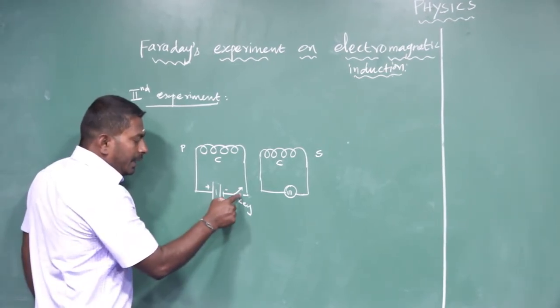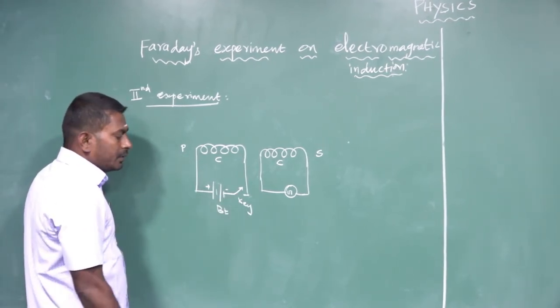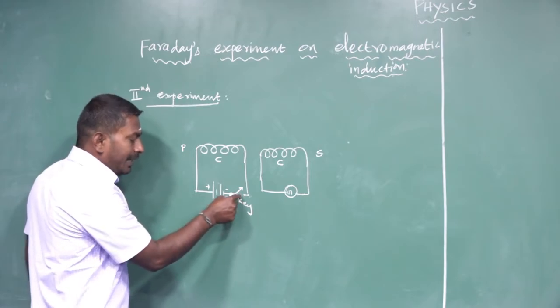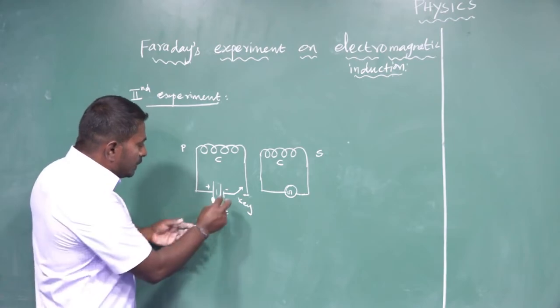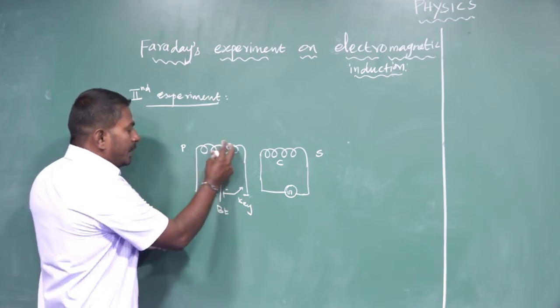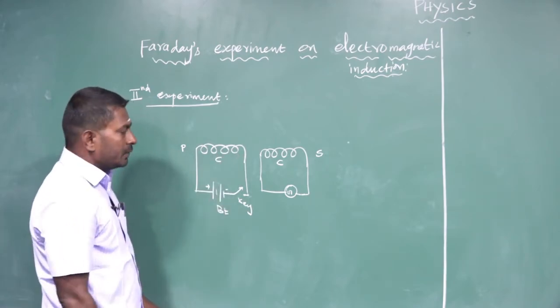Initially, the key is open in the primary circuit. See, you notice the key is open in the primary closed circuit. There is no electric current set up in the primary closed circuit.